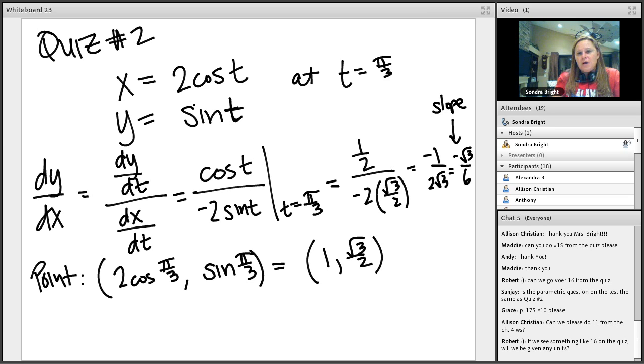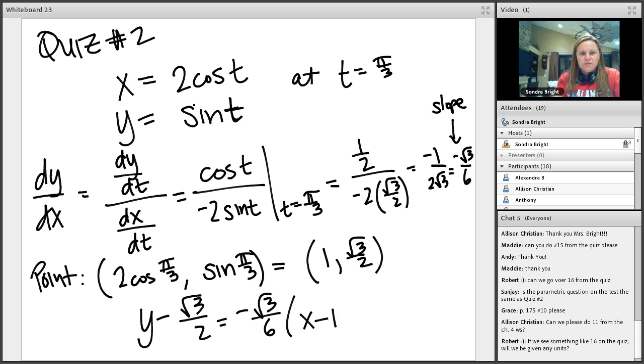So that's your x, y, and you've got your slope, so y minus root 3 over 2 equals negative root 3 over 6 times x minus 1. There you go. It might be something like that, but even if it's not exactly like that, that's how parametric works. x and y are both defined in terms of t or some other variable.